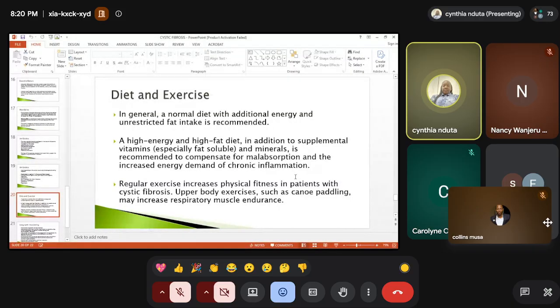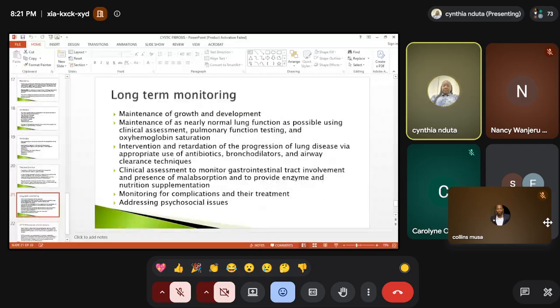Therefore, we have to optimize our diet and ensure there's a lot of fat intake because the lipase is not working as usual, so that whatever is able to be worked on can provide some fat supply to the body.